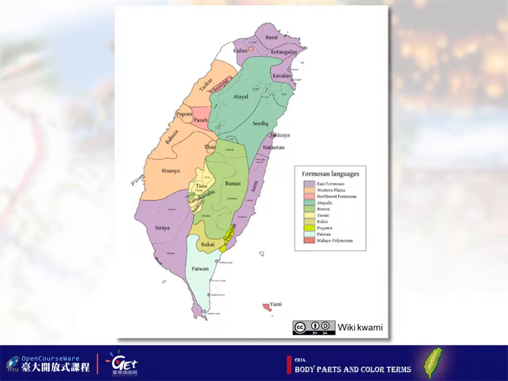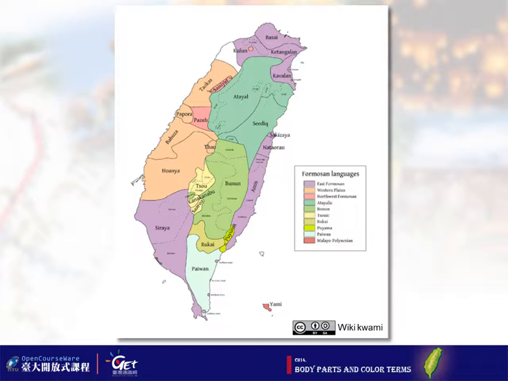Consider that such a small place has such important and diverse language diversity. Out of all those languages, 4 branches and 3 are in Taiwan. So that shows the importance of the Formosan languages in the world.